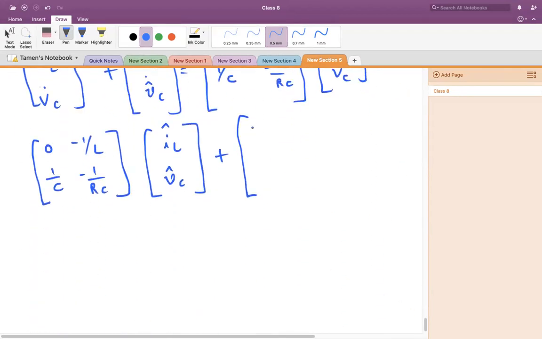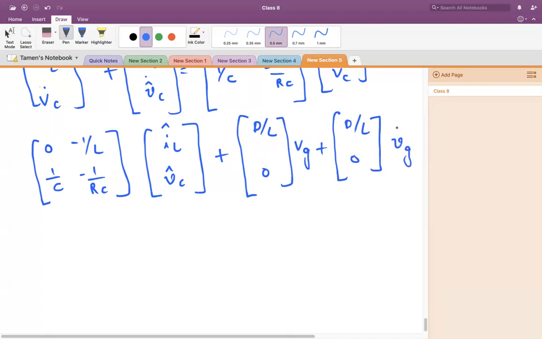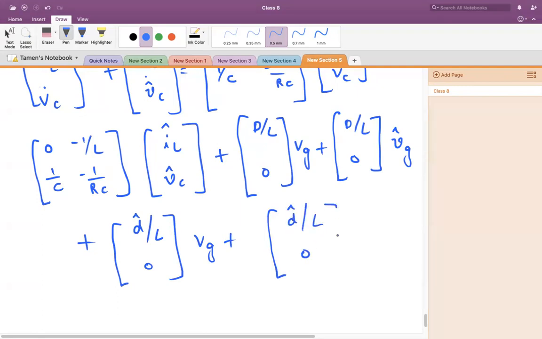That is, capital D by L, 0 will be multiplied with Vg, plus D by L, 0 will be multiplied with Vg hat, plus next the small d hat by L into 0 will be multiplied by capital Vg, and small d hat by L into 0 will be multiplied by small Vg hat. We have done. Everything is done.